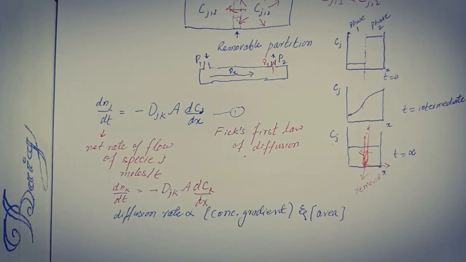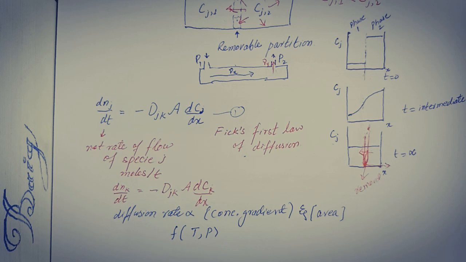So let's see other variables which also affect the phenomenon of diffusion, in which the two important variables are temperature and pressure. So here the temperature and pressure are functions of the local state of the system.